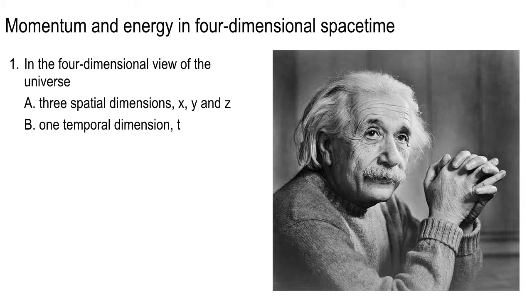So for Einstein, you can't locate an object without also telling the time at which you're observing the object at a location. Location and the time of observation. So that's four dimensions.